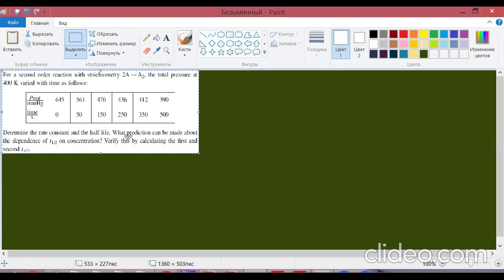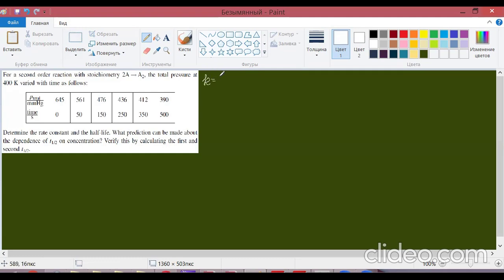And of course that greatly makes our work much easier, because we don't need to prove that this is a second order reaction. However, we could guess it because of the coefficient 2 which stands in front of A in the scheme of the reaction. Anyway, we know the formula.